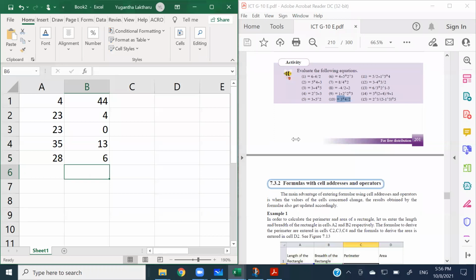Can you understand how it's going to be 6? Because 3 into 4 happens first. Right? So then it is divided by 2.